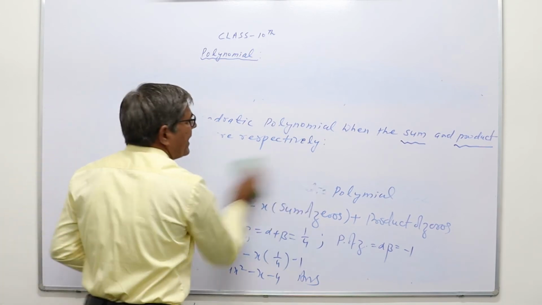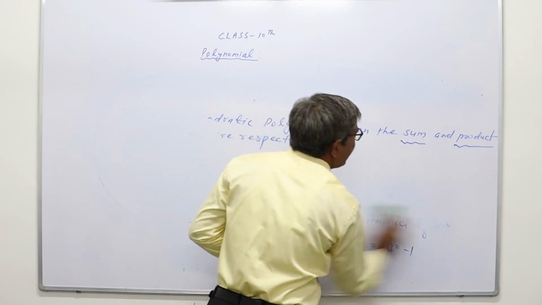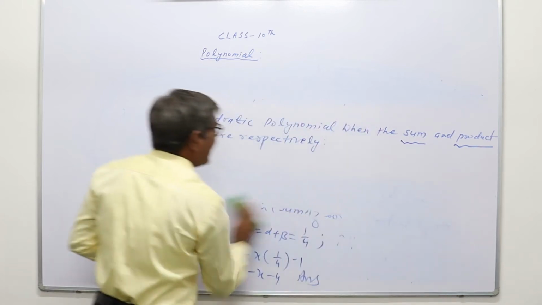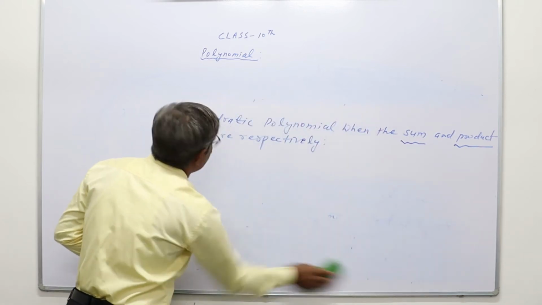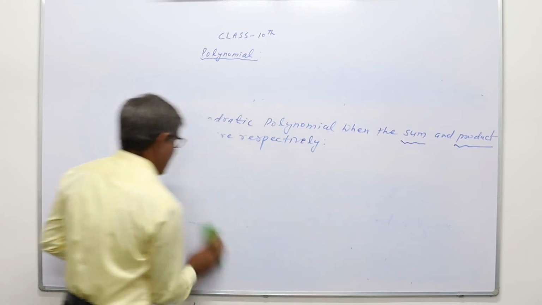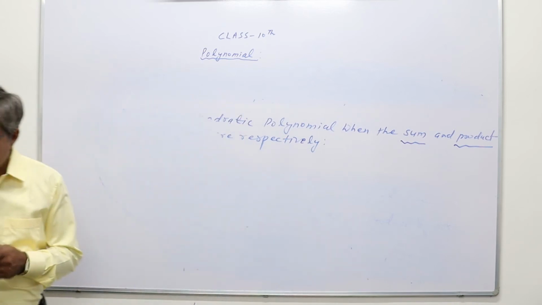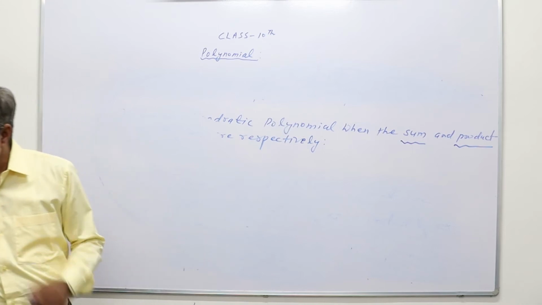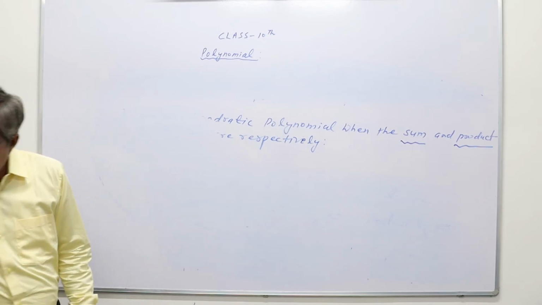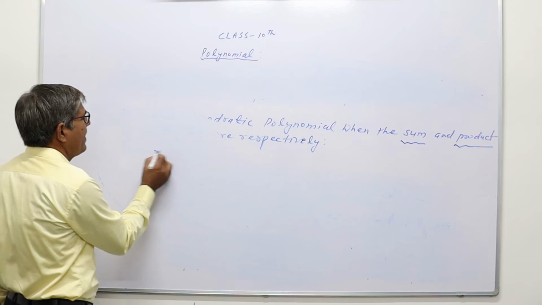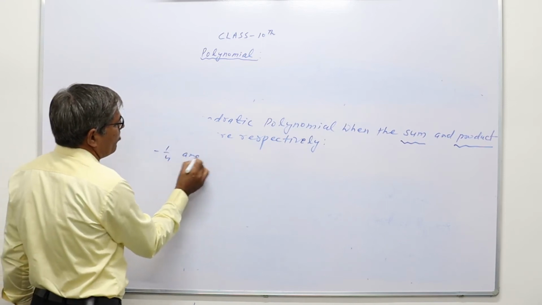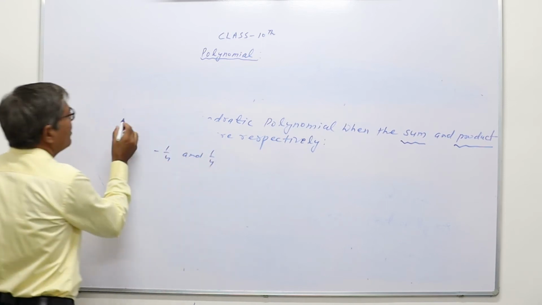application. Find the quadratic polynomial when the sum and product of the zeros are minus 1 by 4 and 1 by 4.